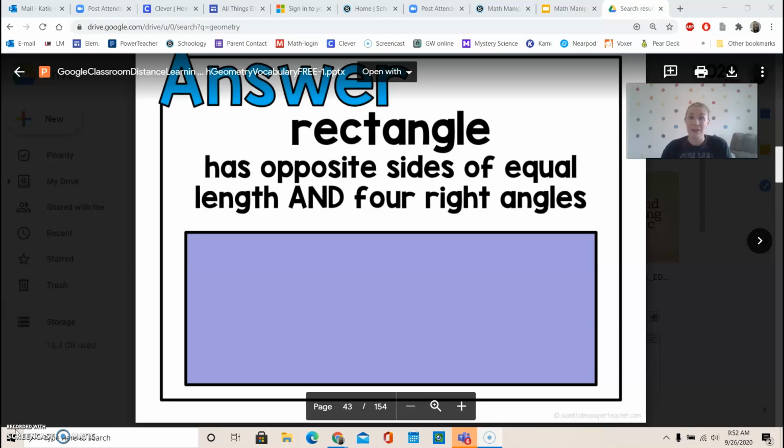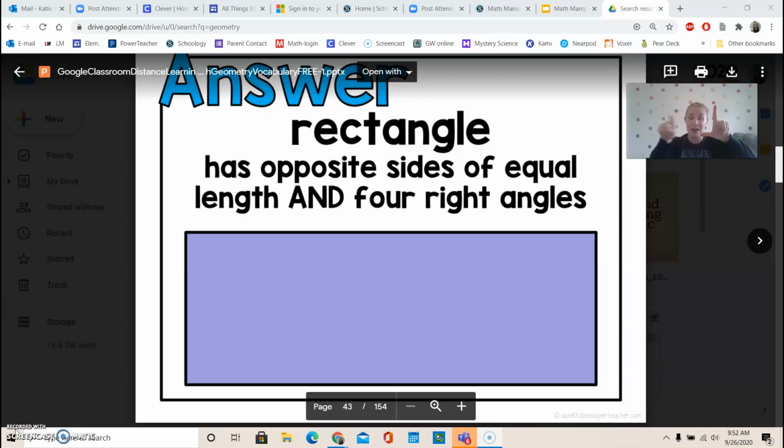A rectangle has 2 sets of parallel lines, just like a parallelogram. You go up, completely parallel, and to the side, completely parallel. Additionally, it also has 4 right angles. So we learned about right angles before. Right angles mean that they are shaped like an L, and they're perfect.